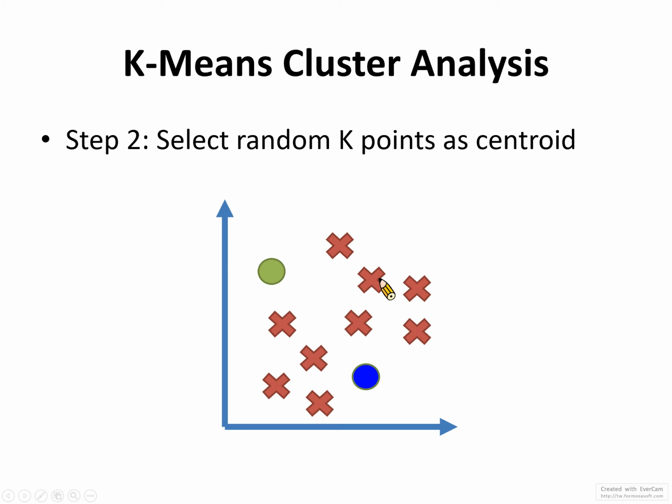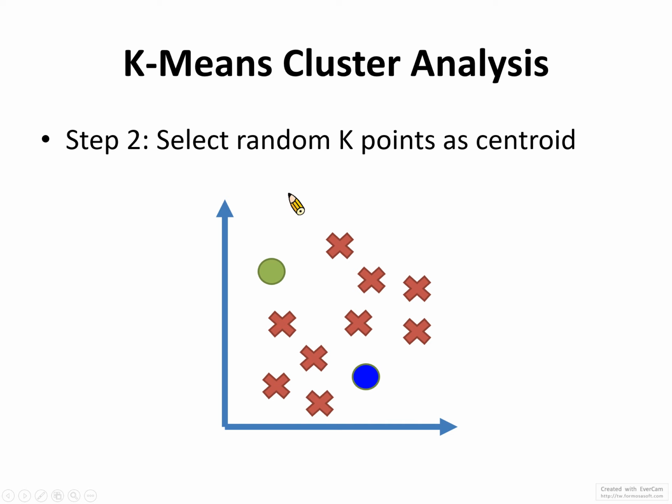And so in that case, in step 2, we need to randomly put 2 points as the centroids. As I said, these 2 data points are not necessarily the true centroids. We just need to put the 2 data points as initial centroids to help us determine the clusters.